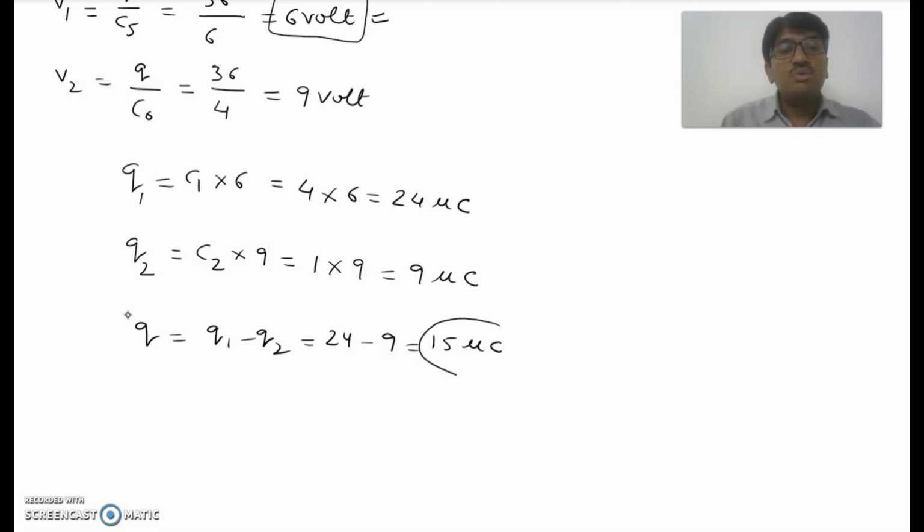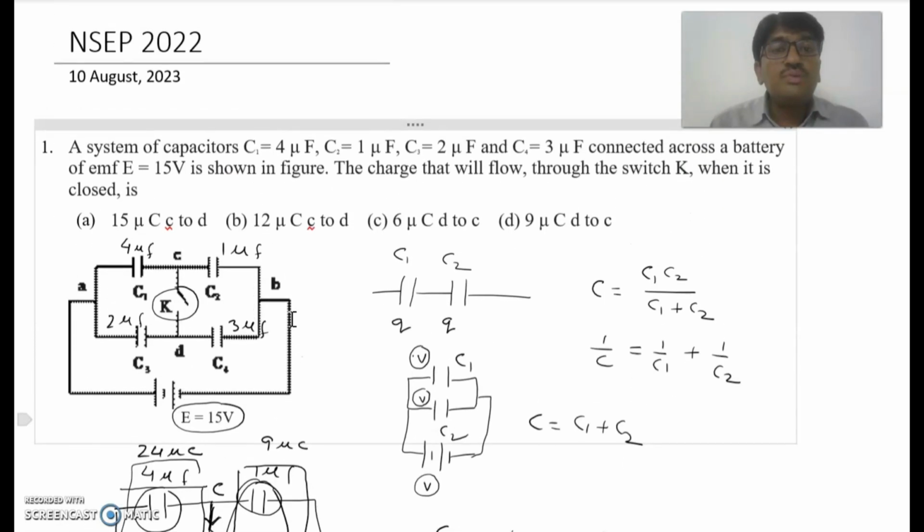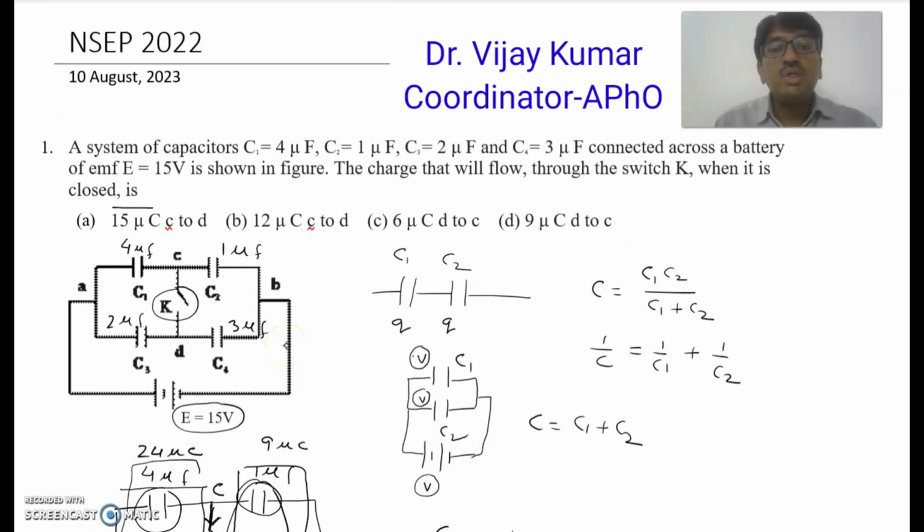So the answer of this question is 15 microcoulomb, C to D. Thank you, and we will discuss a similar problem in the next video. Thank you very much.